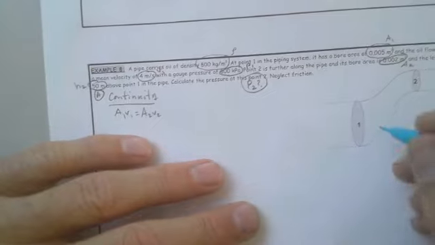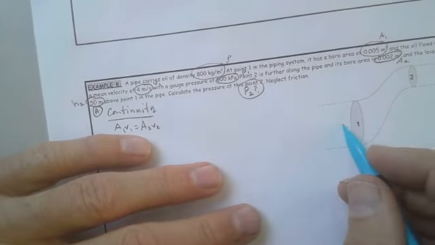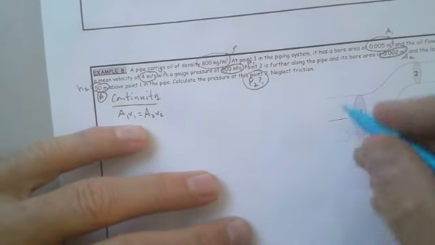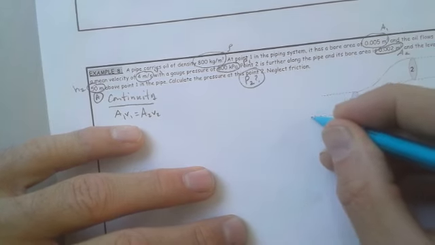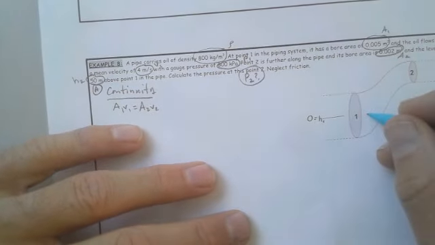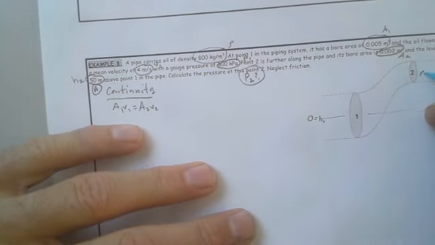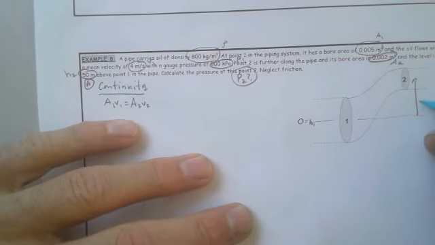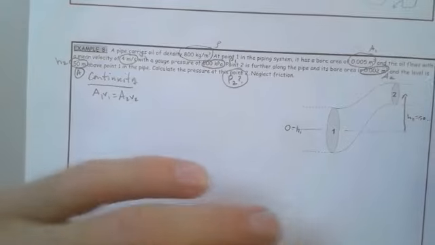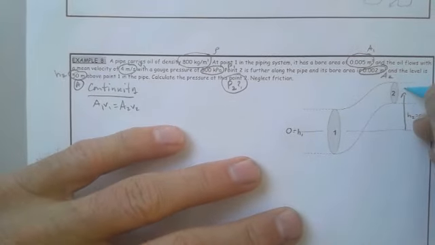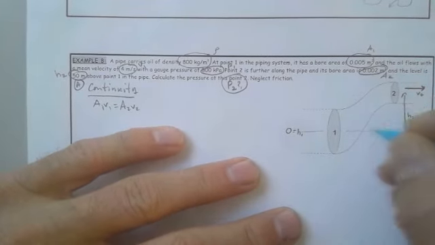Okay, so I'm going to go ahead and diagram this real quick. I'm going to say height 1 is just my 0 height, and this is going to be my height 2. I'm going to call it 50 meters. Up here, it's going to be going faster. We're going to call that V2.